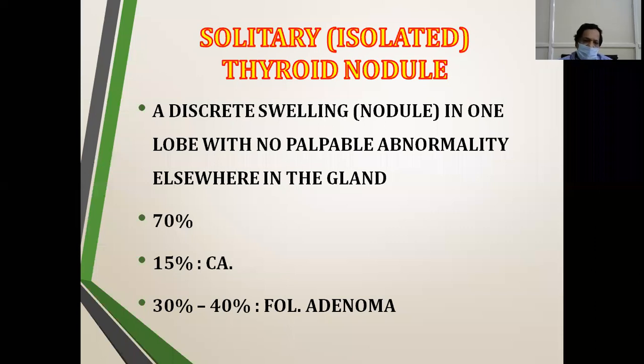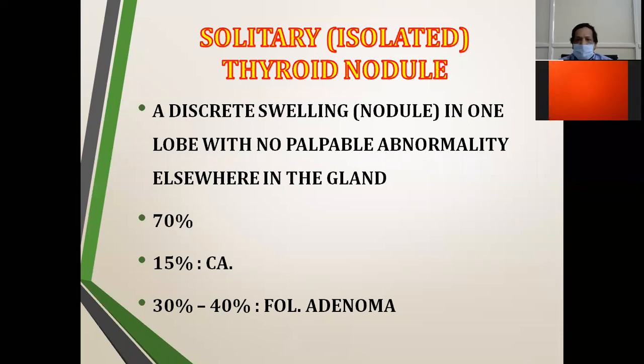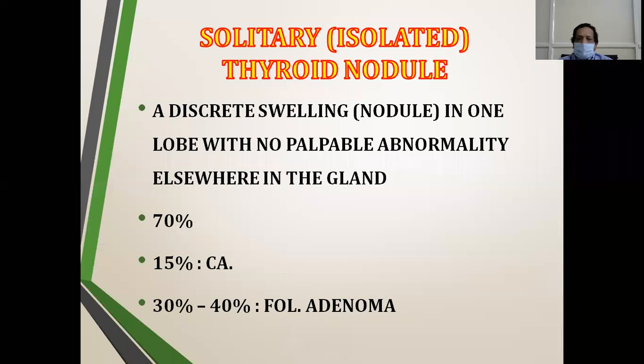The rest are non-neoplastic, like a thyroid cyst, colloid degeneration. Then we have thyroiditis, inflammatory swellings. So the majority of solitary isolated thyroid nodules are produced by follicular adenoma, followed by carcinoma.